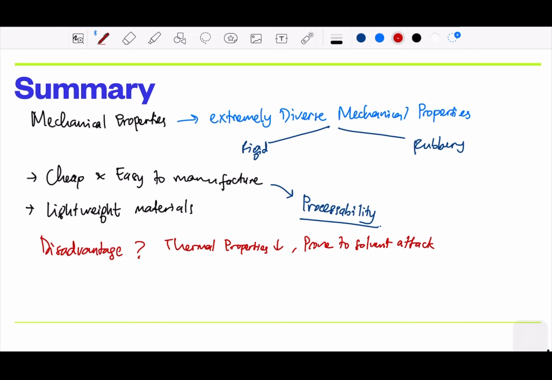You realize that we want to throw away our waste. We have the recyclable and non-recyclable. And that's the problem for the waste. Because it's cheap and easy to manufacture, we can create this bottle in huge numbers.